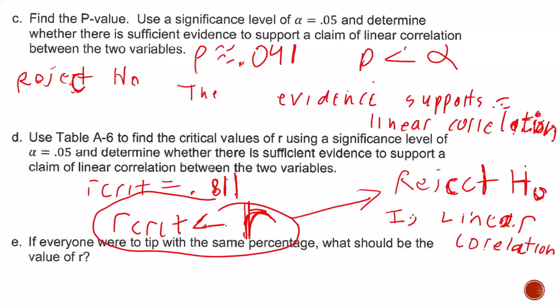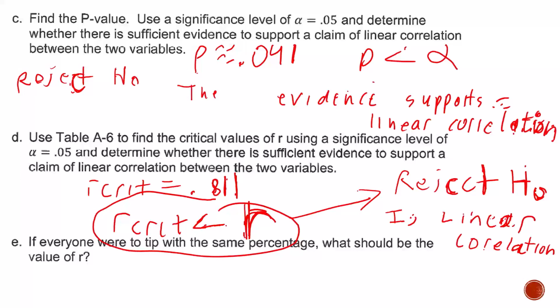Now, everyone, if everyone were to tip the same percentage, what would R be? Everybody, R measures what? The strength of a correlation, right? If everyone tipped the same percent, what would R be?